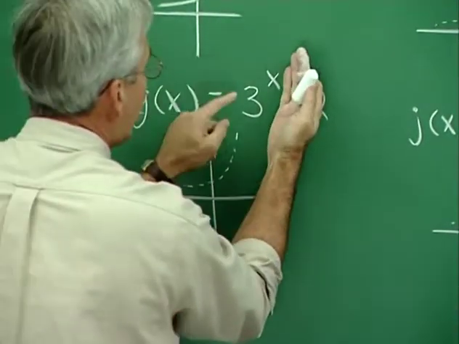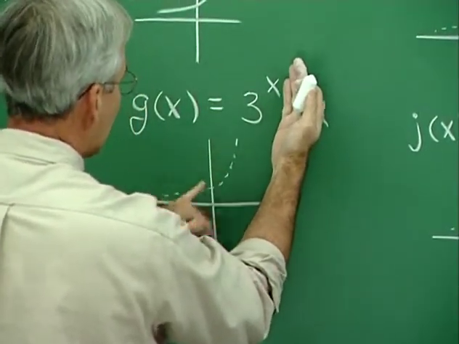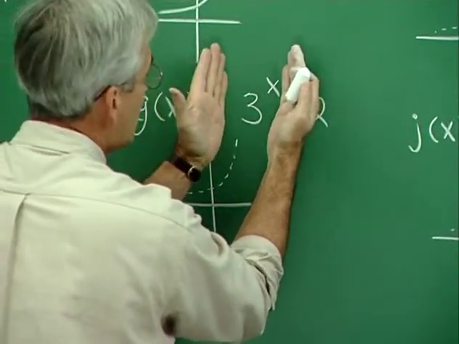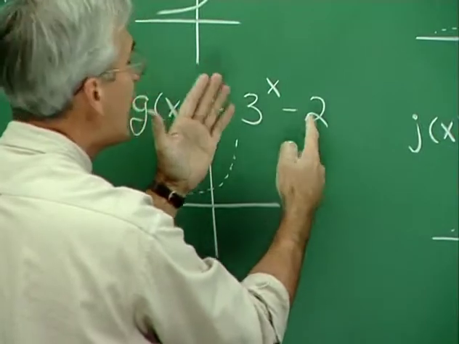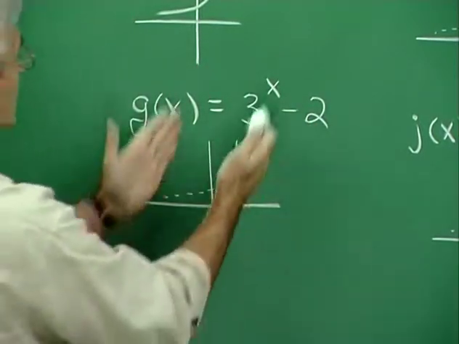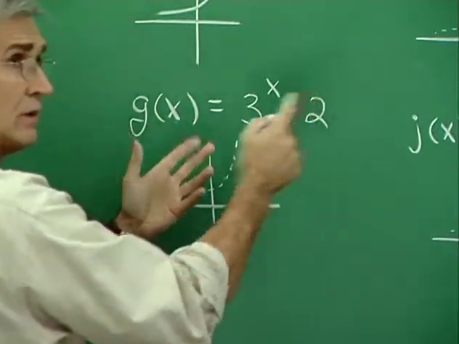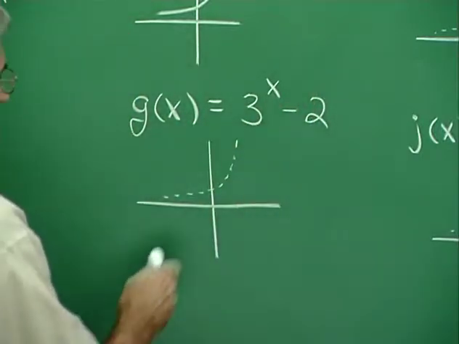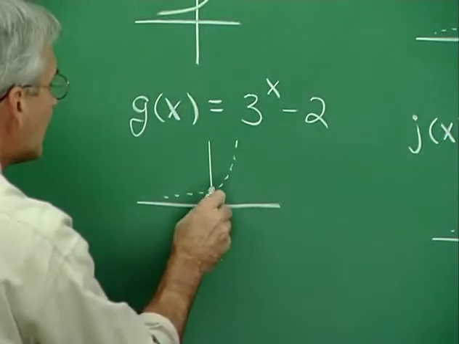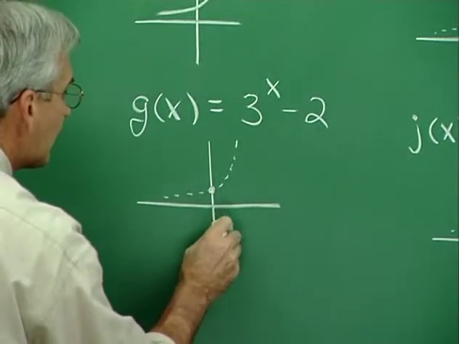Now, we know 3 to the x power is this graph, and then this is just a group of vertical distances, and we take those vertical distances and subtract 2, and this graph then will drop 2 on the coordinate plane. This is just f of x minus 2. That's all there is to it. So we have a drop from this familiar point down 1, 2, and the graph then looks like this.